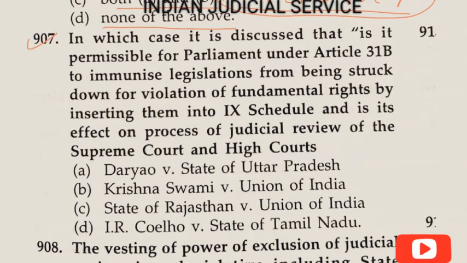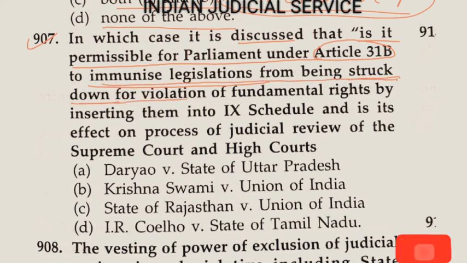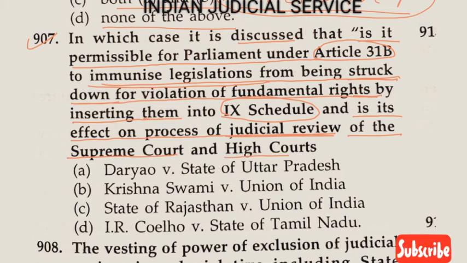Question number 907. In which case is it discussed whether it is permissible for Parliament under Article 31B to immune legislation from being struck down, this is very important, for violation of fundamental rights by inserting them into Schedule 9, and what is its effect on the process of judicial review of the Supreme Court and High Courts?